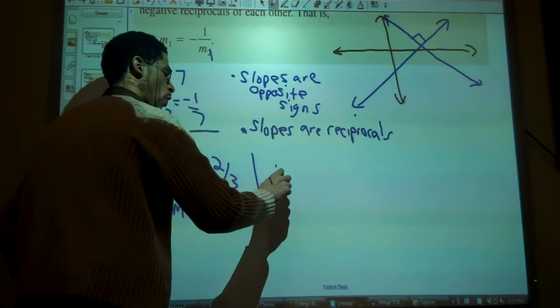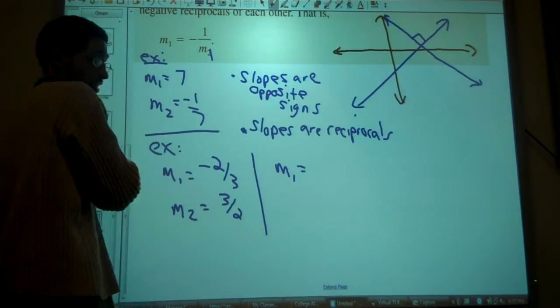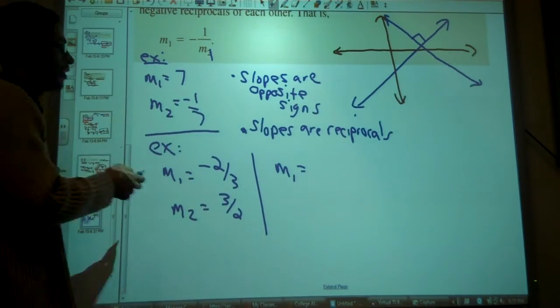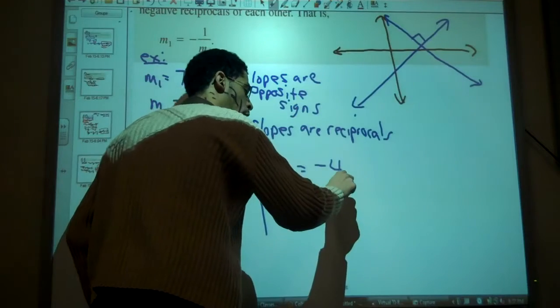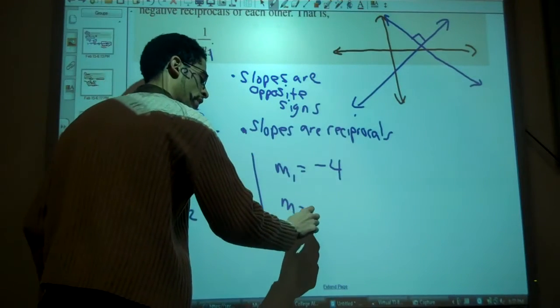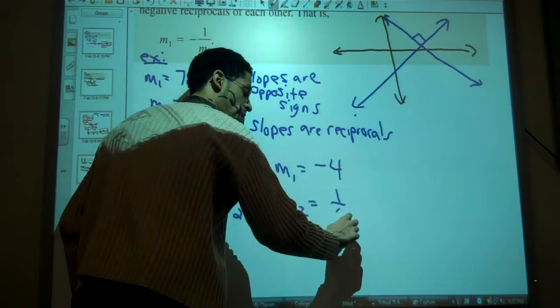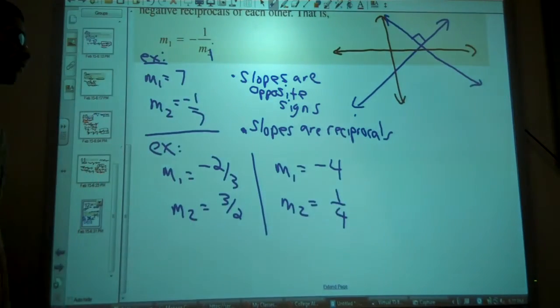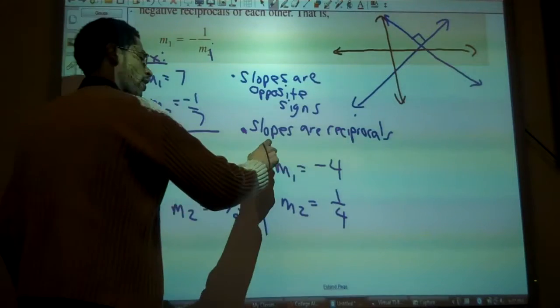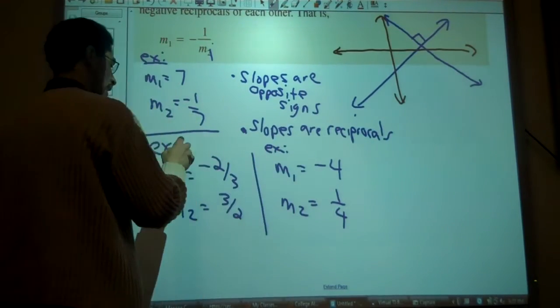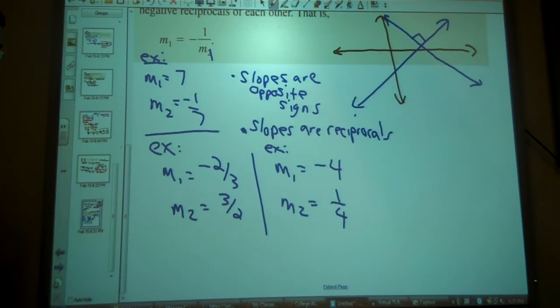If one of them is, say, negative 4, the other one is positive one fourth. And so, they're opposite signs, and they're reciprocals of each other.